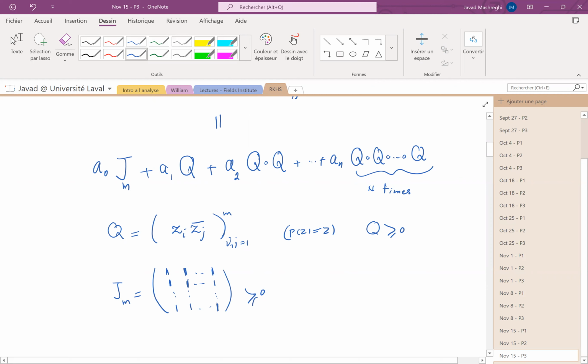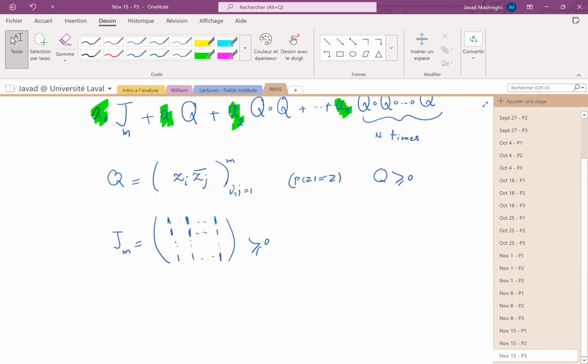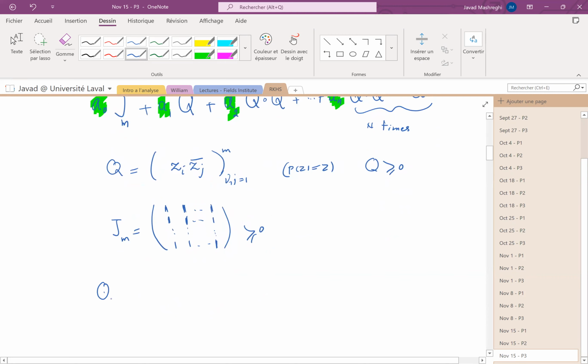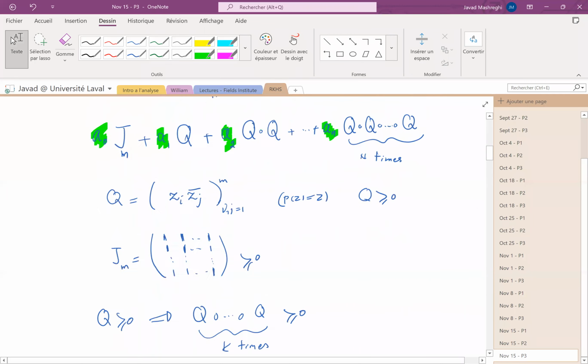And now there is a place where you see why we assume that the coefficients are also positive. We use Schur's theorem. Schur's theorem tells us that if Q is positive, then the Schur product of Q with itself, doesn't matter how many times, k times, is also positive.